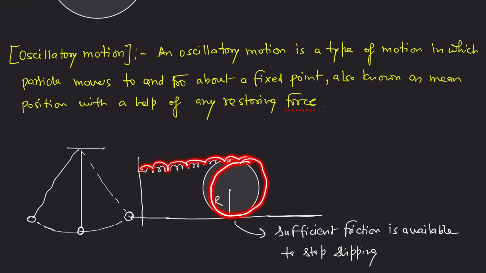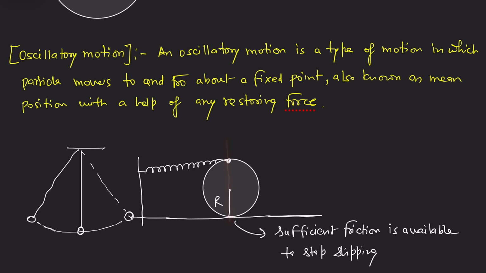And then this body will start oscillating like this way. It will make some angle like this, and then some angle like this. I hope you are able to visualize what I am trying to say. So this is also an example of oscillatory motion, and of course this would be its mean position at that instant, because here the spring is at its natural length, and the body will be in equilibrium.